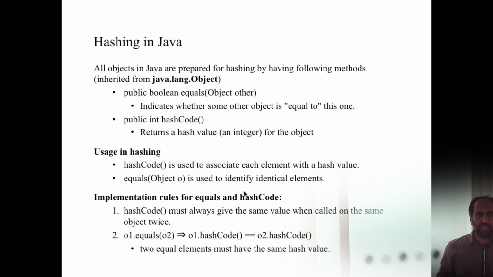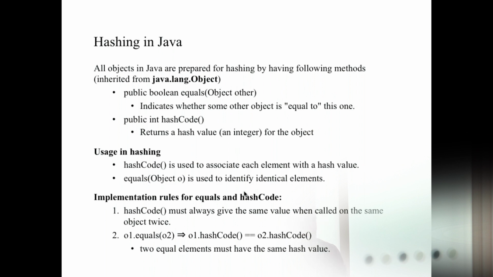It means that when you define a class, you can write code to compute the hash code for it. And Java also uses this hash code to determine whether two objects are equal or not.